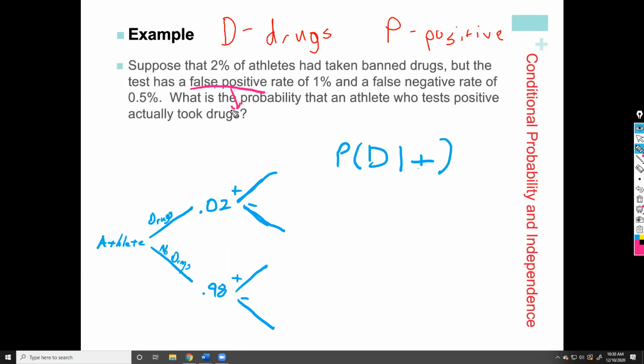So a false positive is the probability of a positive given no drugs. So drugs complement. So given that you didn't take the drugs, you still got a false positive. And so that rate is 1%. So this is where the 0.01 goes in the no drugs but still tested positive category. So that means the rest of the people who didn't take the drugs, they test negative, which is what should happen.